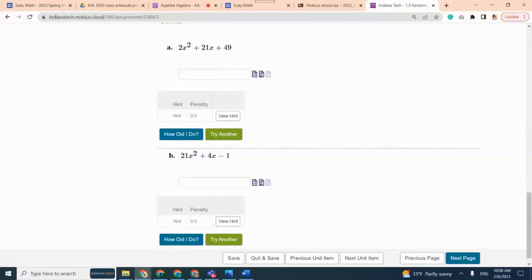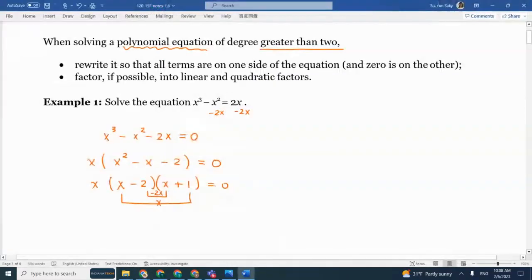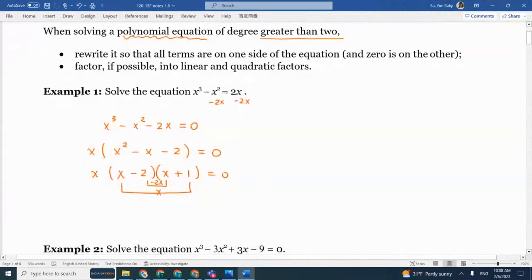Everybody, factoring is so important in this course. You need it all the time. Usually the examples we do in class are easier, and then your homework problem will be harder, and exam problems will be harder. So do more practice.